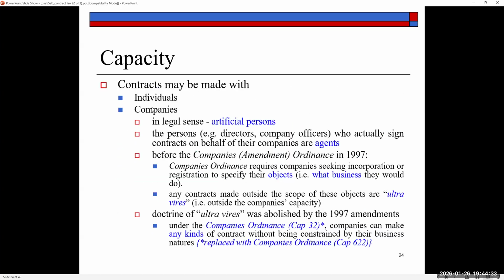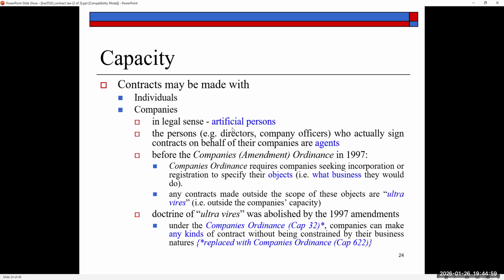And contracts may be made with individuals. So who can make contracts? Individual persons can make contracts. Companies can also make contracts, of course, right? But companies are not human, so there must be some representatives. Companies are like artificial persons.